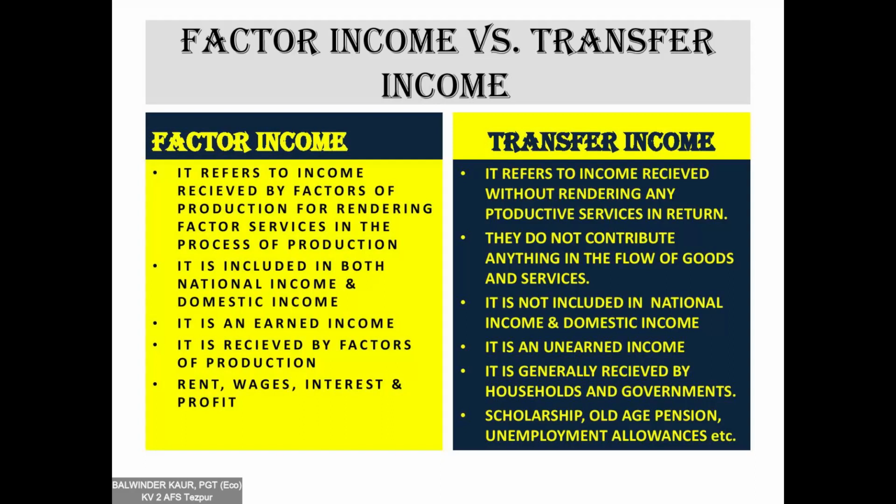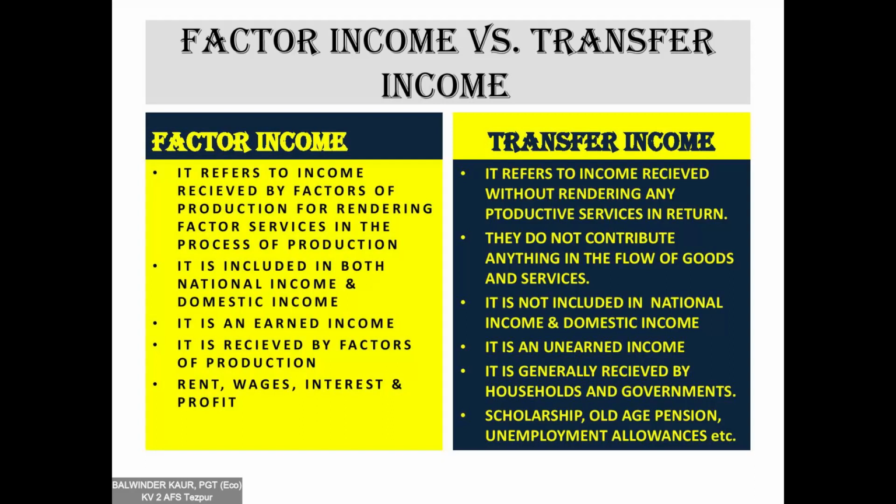Factor income is the income which is received for doing some production or productive activity. You are contributing something in the generation of goods and services, whereas the transfer income is received without doing anything. Factor income is called the earned income, whereas transfer income is unearned income.